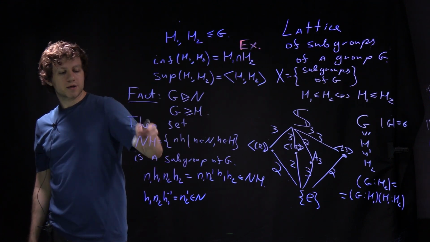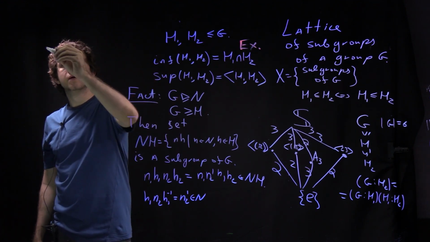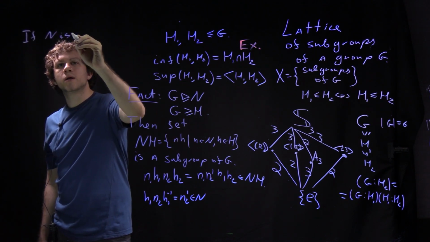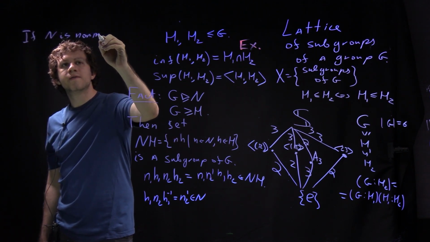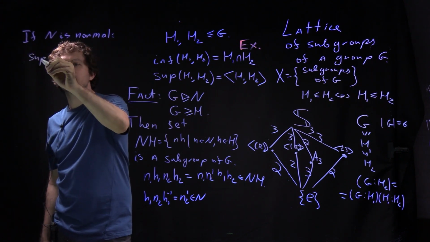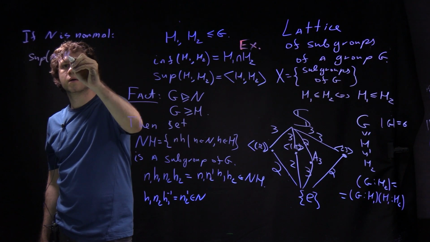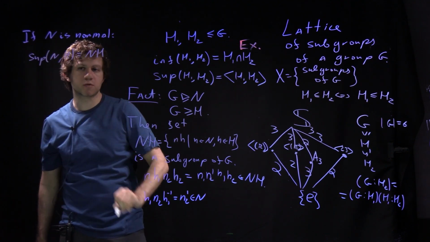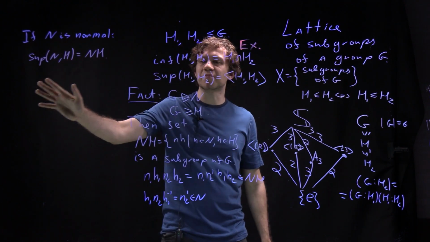So actually, if N is normal, then it's really easy. The supremum of N and H is just N times H, where I just mean take all products. So for normal subgroups, you can do that.